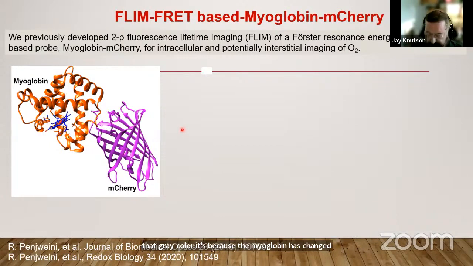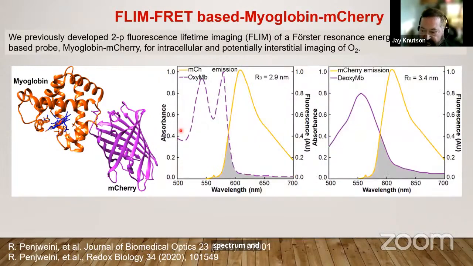And the way this appears in absorbance is that the oxygenated myoglobin has a dual peak and is somewhat blue shifted, but when it is deoxy, it's lost its oxygen, usually due to anaerobic bacteria and so on.